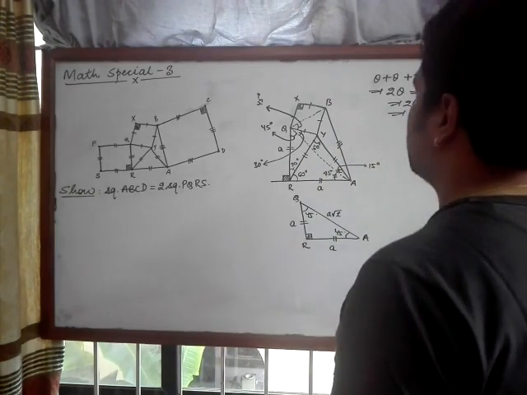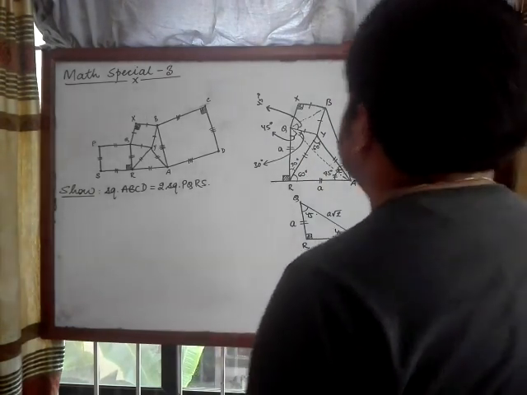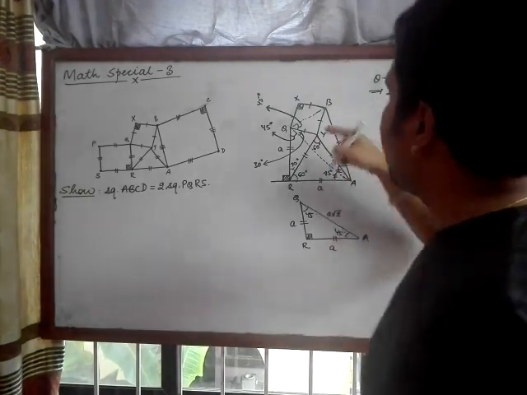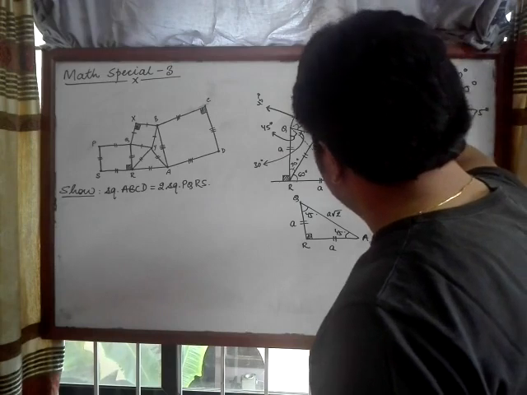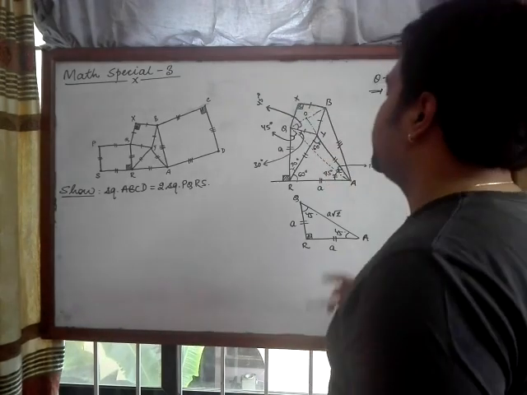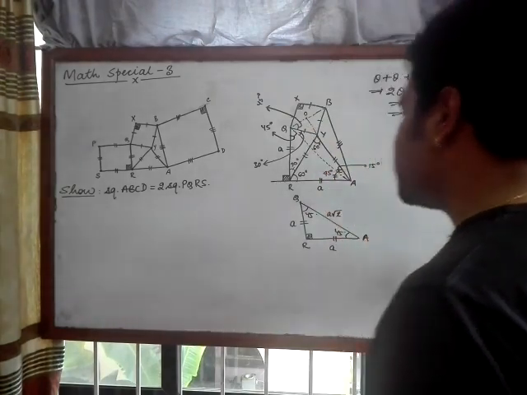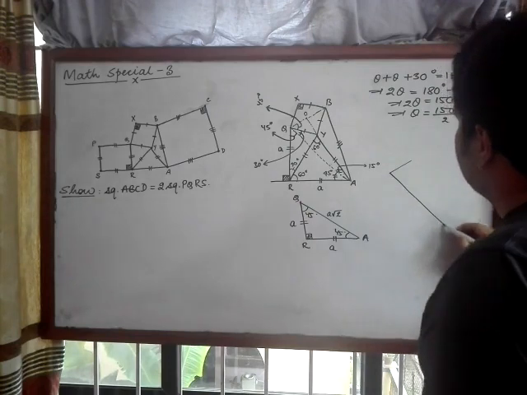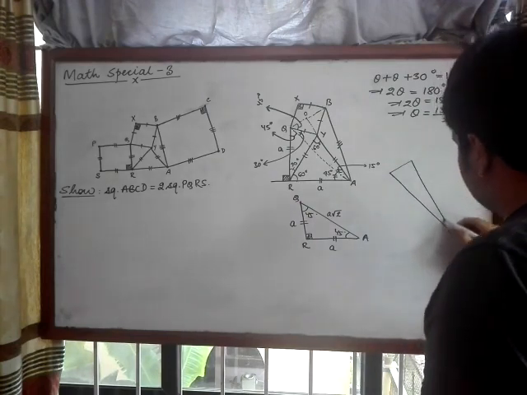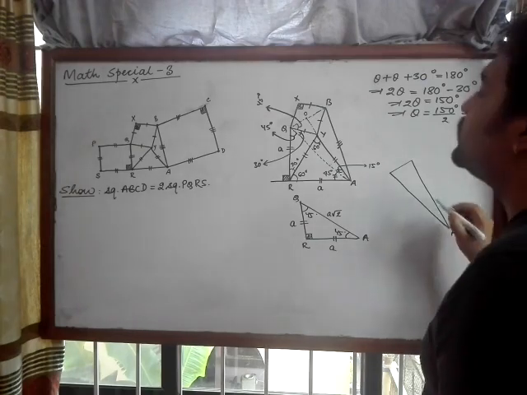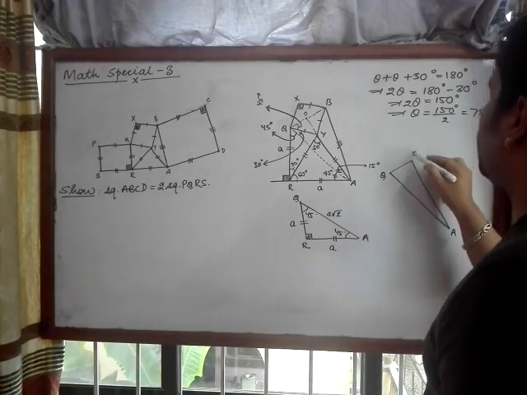So now if we extend AY, this line AY, to meet BQ at some point O, then we have a triangle, right? We have a triangle like this, a triangle AQO.